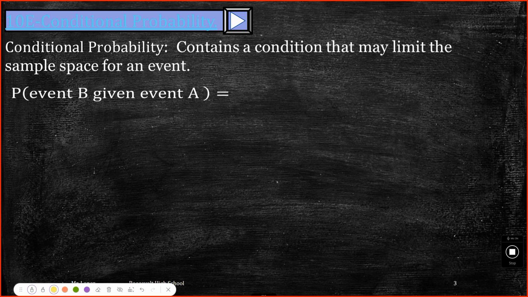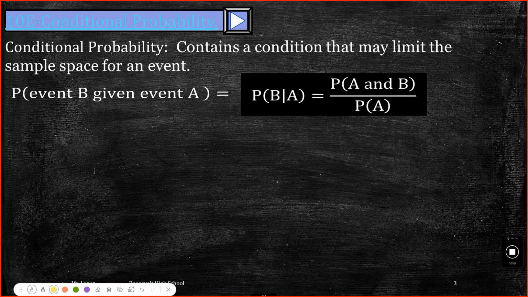Probability of event B given event A. Here's the formula. P of B given A is equal to P of A and B happening over P of A.